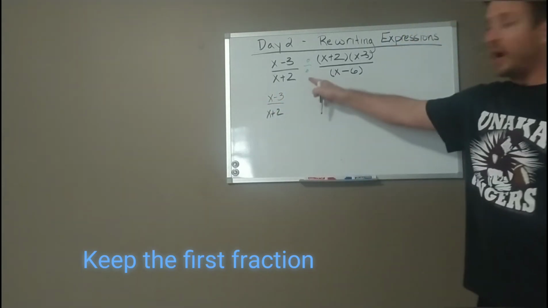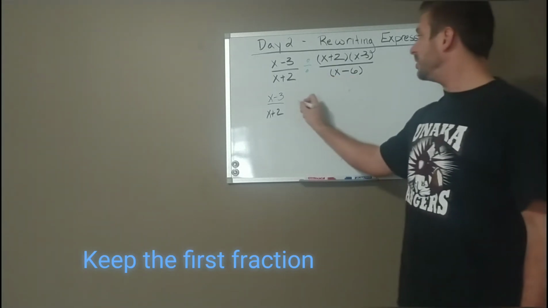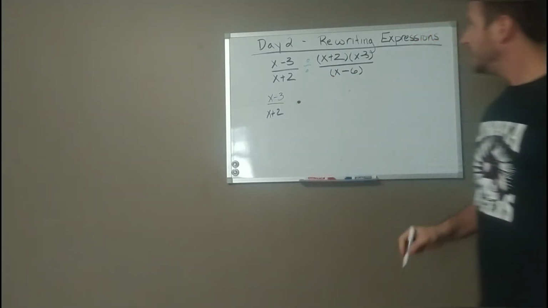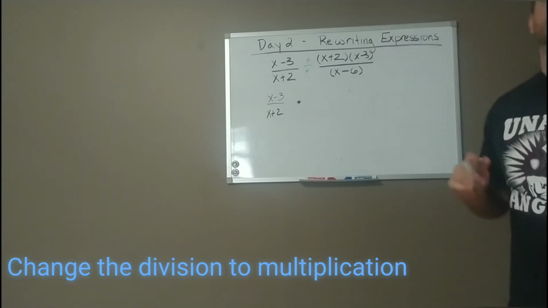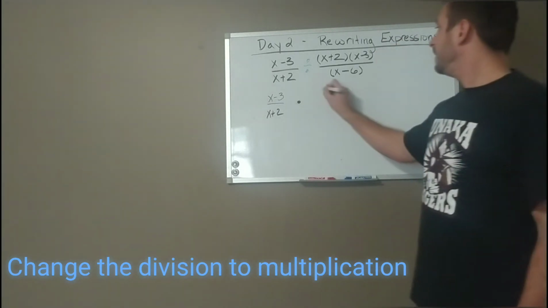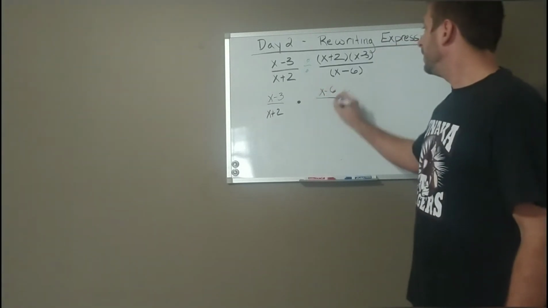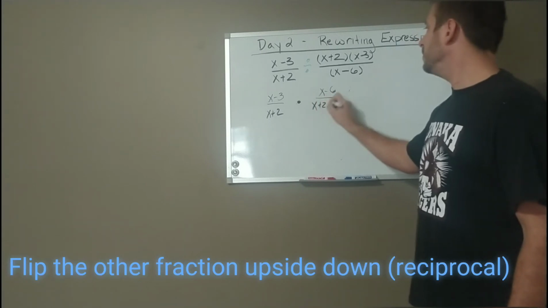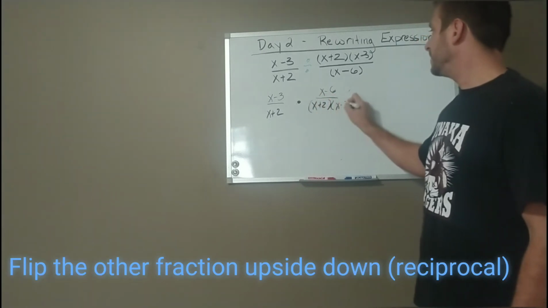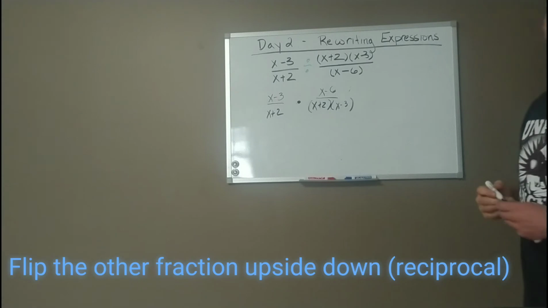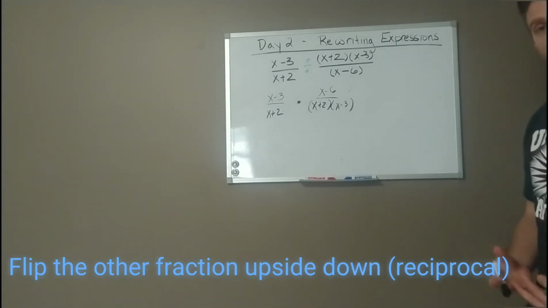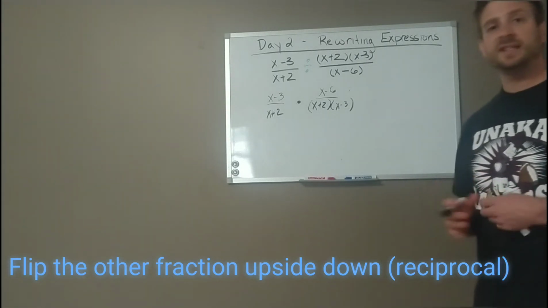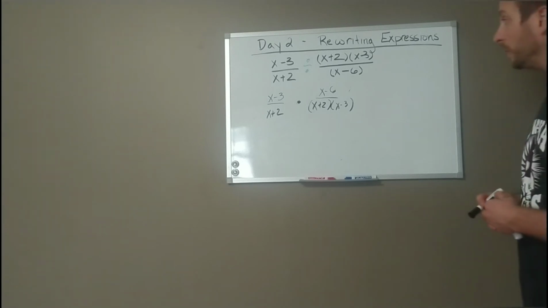We change our division into multiplication. And then we flip the last fraction. X minus 6 over x plus 2 times x minus 3. So keep, change, flip simply means division of a fraction is the same as multiplication by its reciprocal.